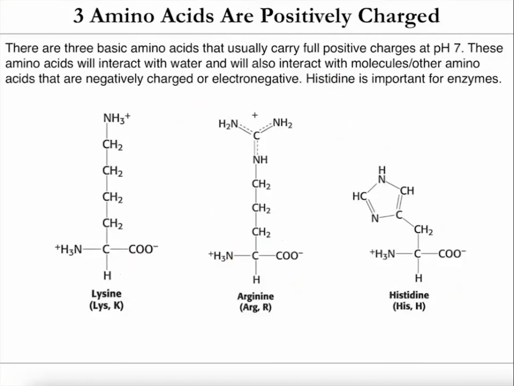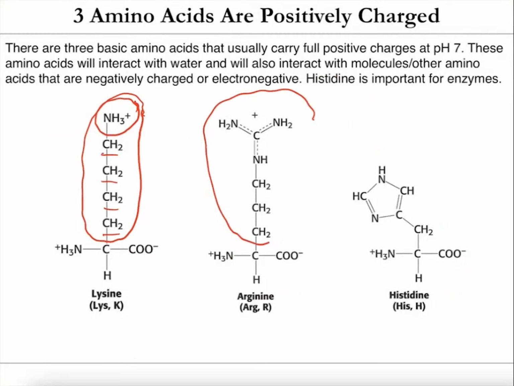Now, there's also 3 amino acids that are positively charged at pH 7 for the most part. These can interact with water, and they can also interact with other molecules that carry a negative charge or a partial negative charge. One is lysine, which is shown here. It can interact with other hydrophobic molecules through these methyl groups, but it's got a charged amino group at the top of that chain.